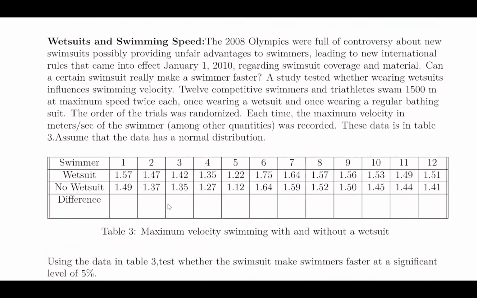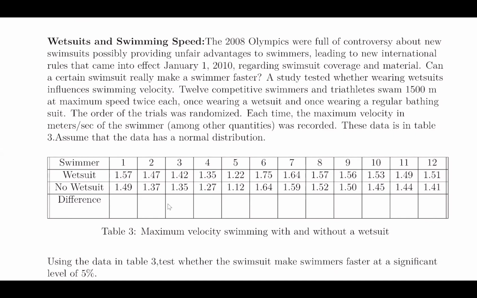It says the 2008 Olympics were full of controversy about new swimsuits possibly providing unfair advantage to swimmers, leading to a new international rule that came into effect January 1st, 2010, regarding swimsuit coverage and material. Can a certain swimsuit really make a swimmer faster? A study tested whether wearing a wetsuit influenced the swimming velocity.